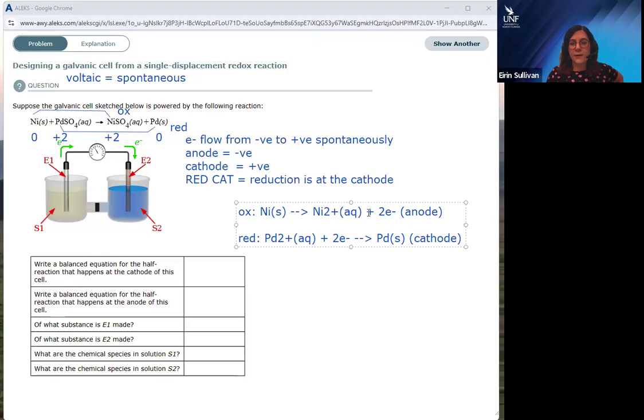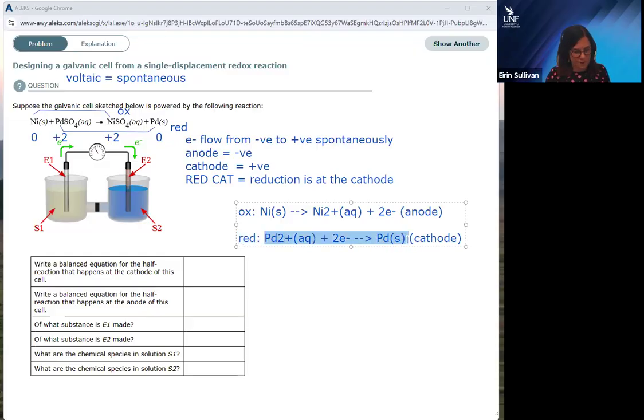That makes sense because the electrons are on the product side of the oxidation half reaction occurring at the anode, and they're going through the circuit to combine with the palladium 2 plus at the cathode end and yielding solid palladium metal, which is going to be building up on electrode 2 in this case. So the balanced half equation that happens at the cathode of this cell will of course be the reduction half reaction.